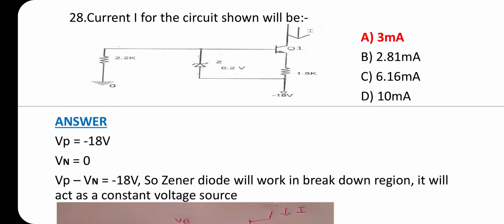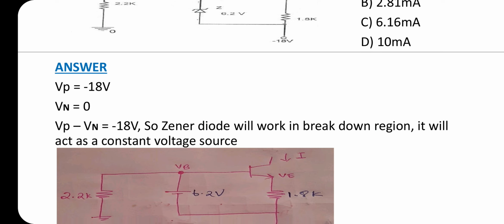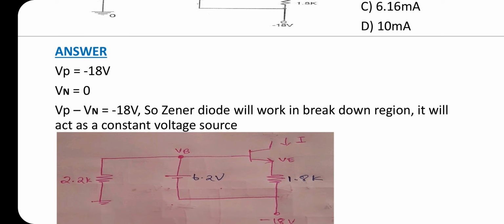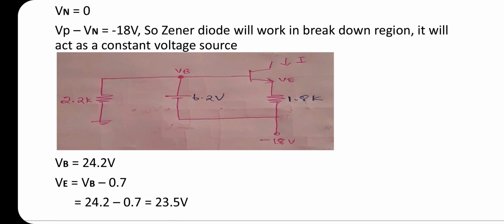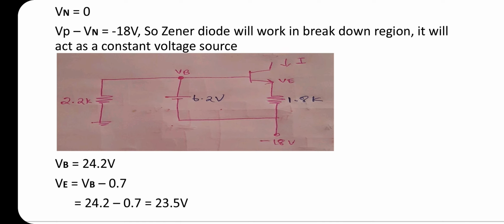Question number 28. Current I for the circuit shown will be, answer is option A, 3 milliampere. Vp equal to minus 18 volt, Vn equal to 0 volt, Vp minus Vn equal to minus 18 volt. So Zener diode will work in breakdown region. It will act as a constant voltage source.